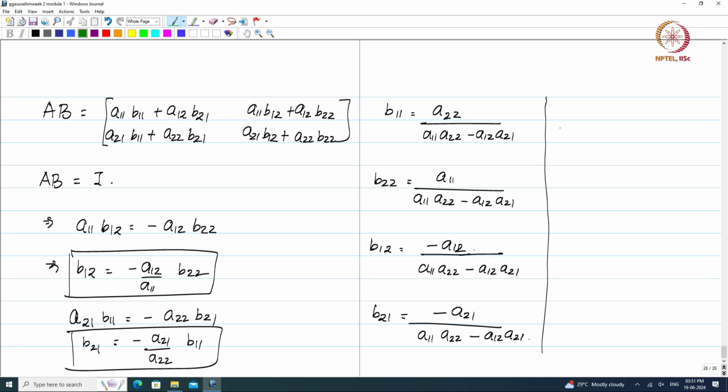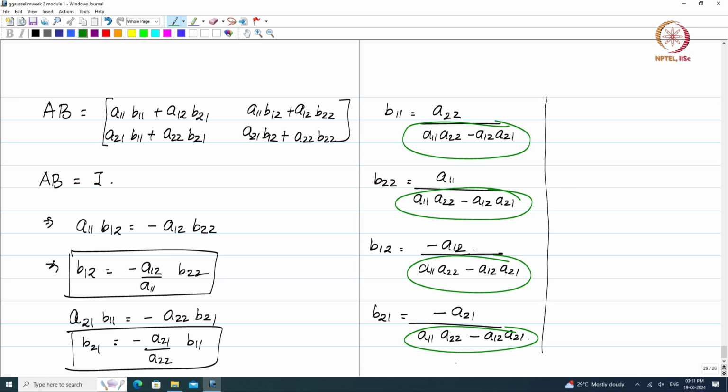If we carefully observe the denominator in all the 4 values of B, the denominator turns out to be the determinant of A. Hence we can write B is equal to 1 divided by determinant of A, times the matrix A22, minus A12, minus A21, A11.